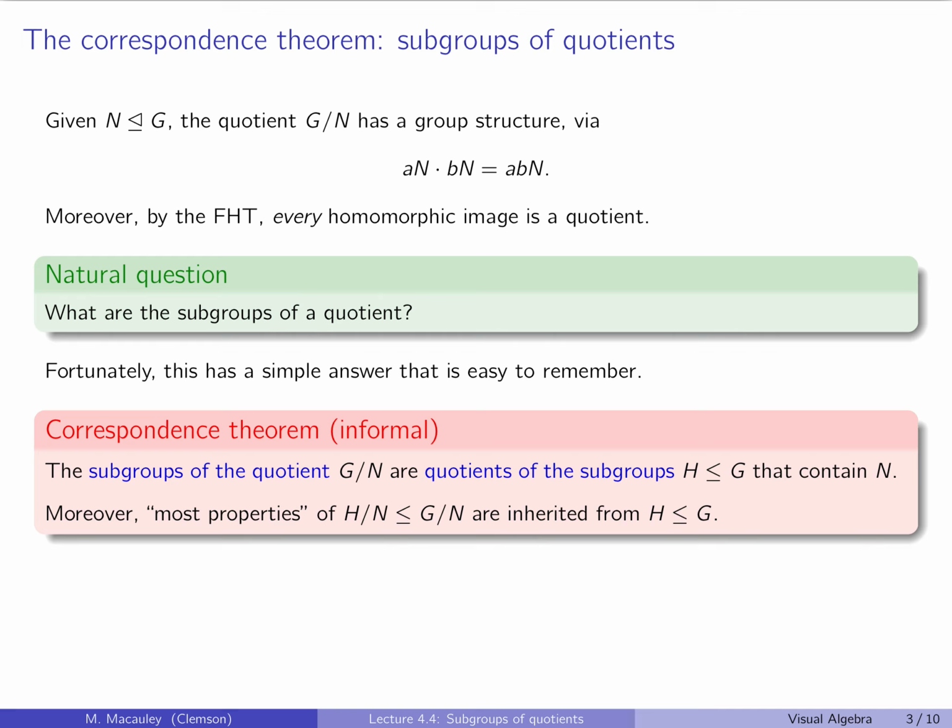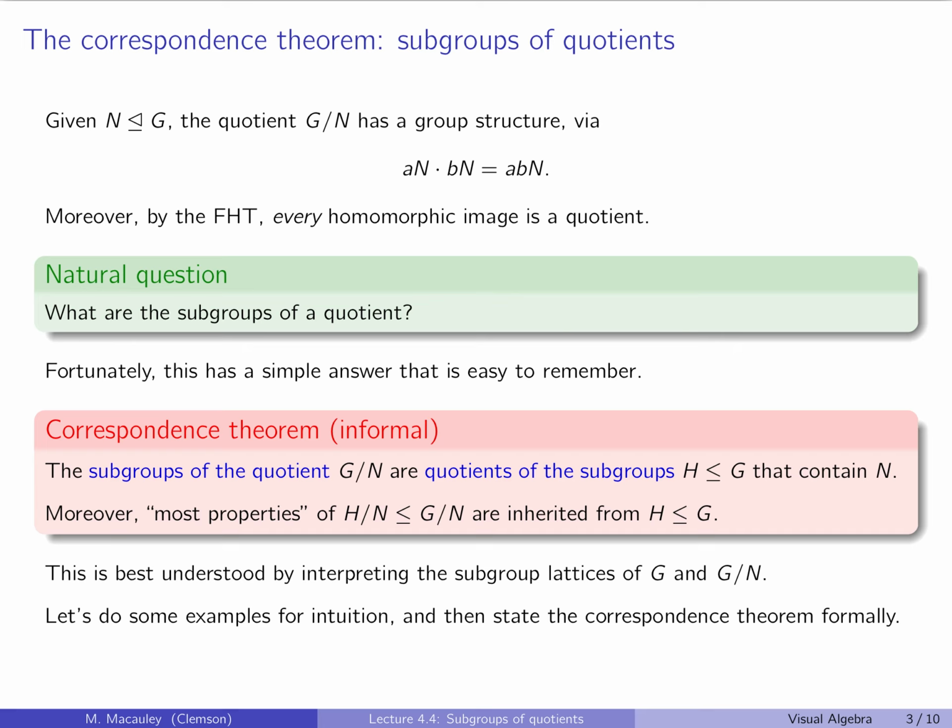Informally, the subgroups of the quotient G mod N are quotients of the subgroups H of G that contain N. Moreover, most properties of H mod N, that is a subgroup of G mod N, are inherited from H as a subgroup of G. Now, I just said this is easy to remember, and I gave you a few long, complicated sentences.